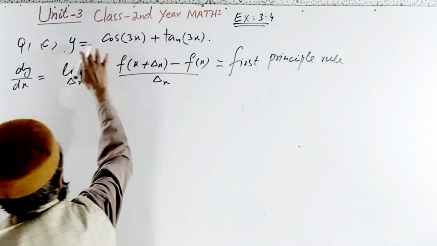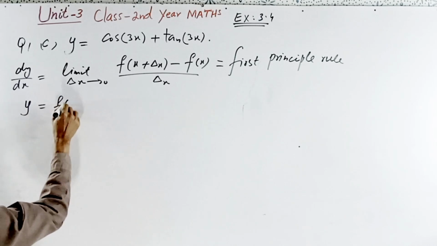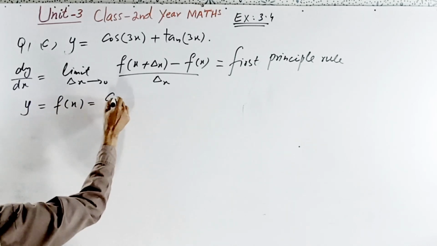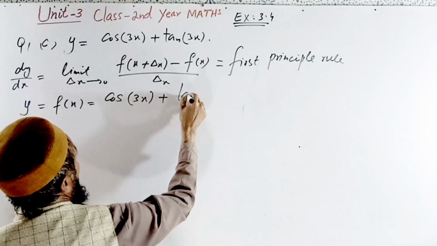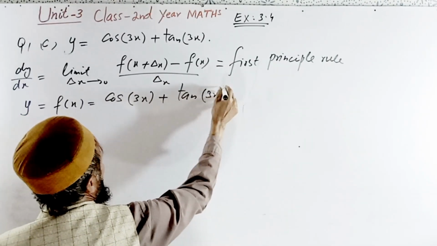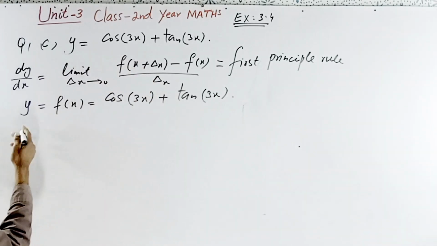Now here y is equal to f of x is equal to cos 3x plus tangent 3x. According to the formula, an increment is required on both sides.